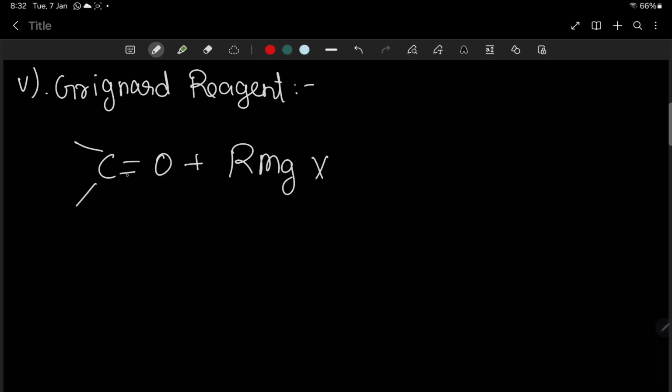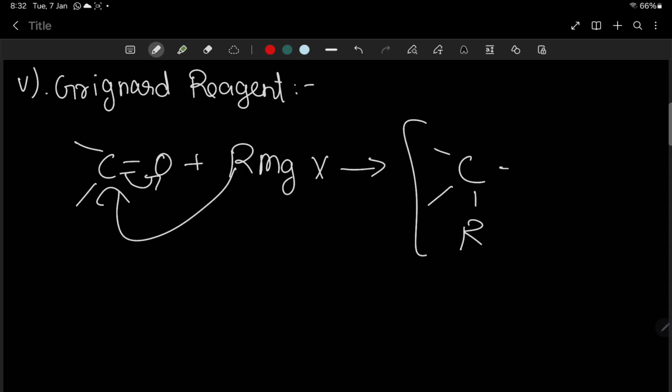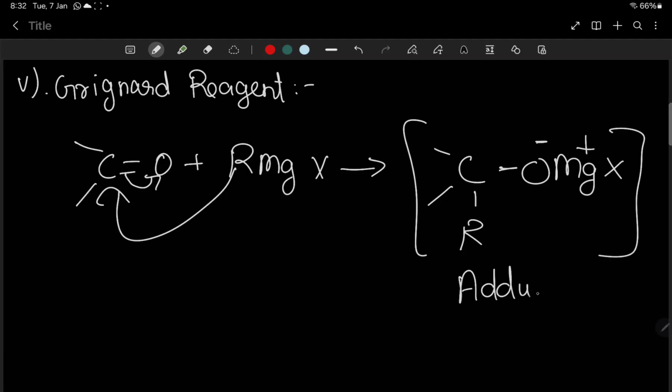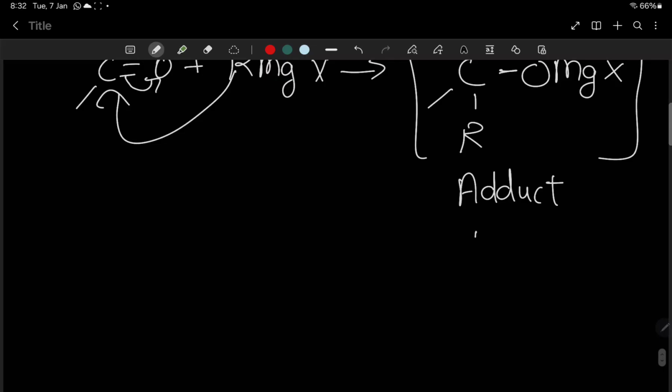Here the oxygen will pull one bond, and this R goes and attaches to the C. So we get an adduct, C with R and O minus MgX plus. This is very important. This is called an adduct, an intermediate. Now we are hydrolyzing it.